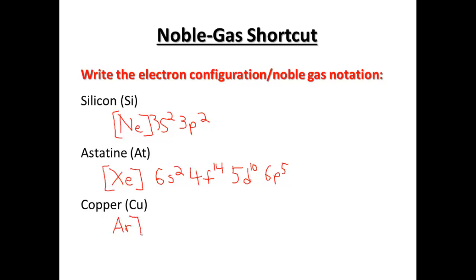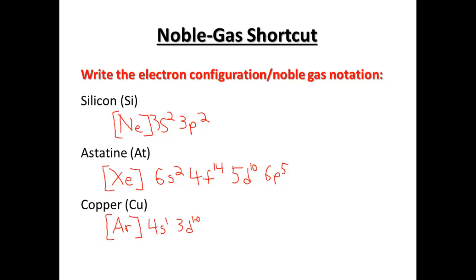So argon is going to represent those first 18 electrons: 1s2, 2s2, 2p6, 3s2, 3p6. All that is represented by the argon. And then argon, copper, 4s1, 3d10, with that change to be made there.